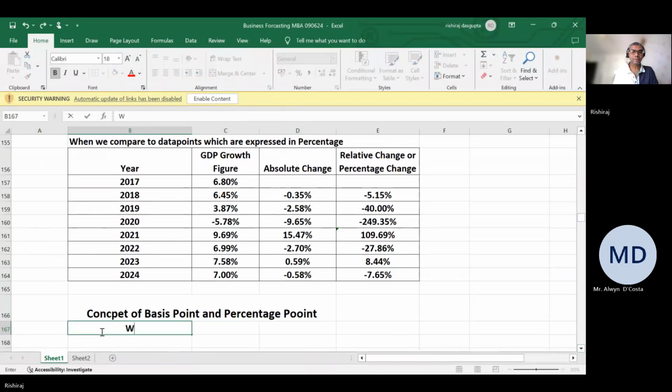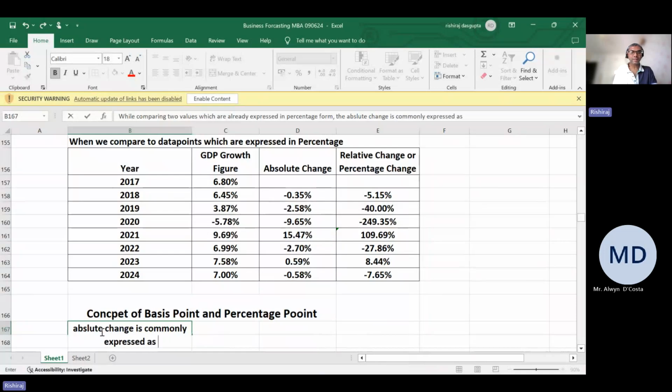While comparing two values which are already expressed in percentage form, the absolute change is commonly expressed as basis point or percentage point.